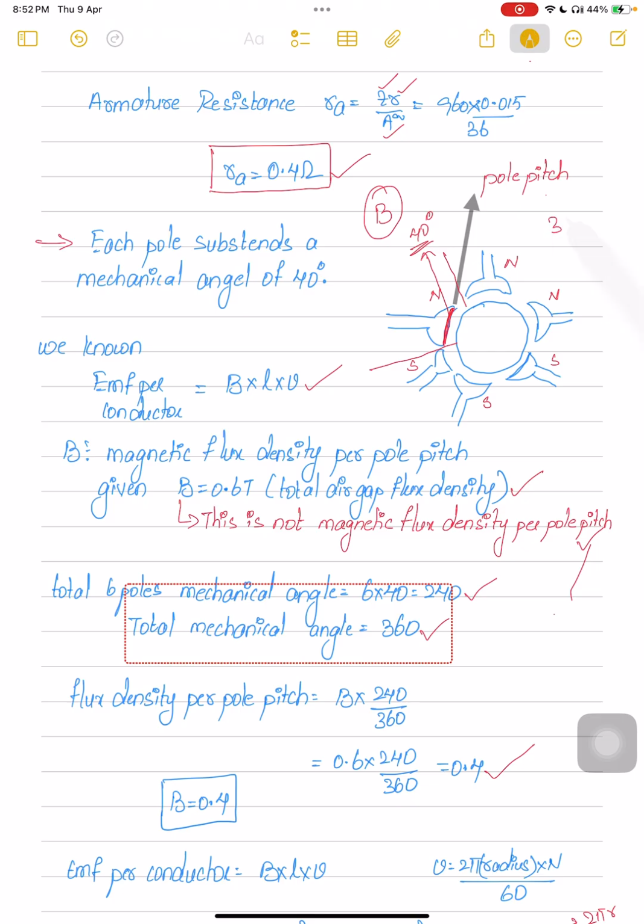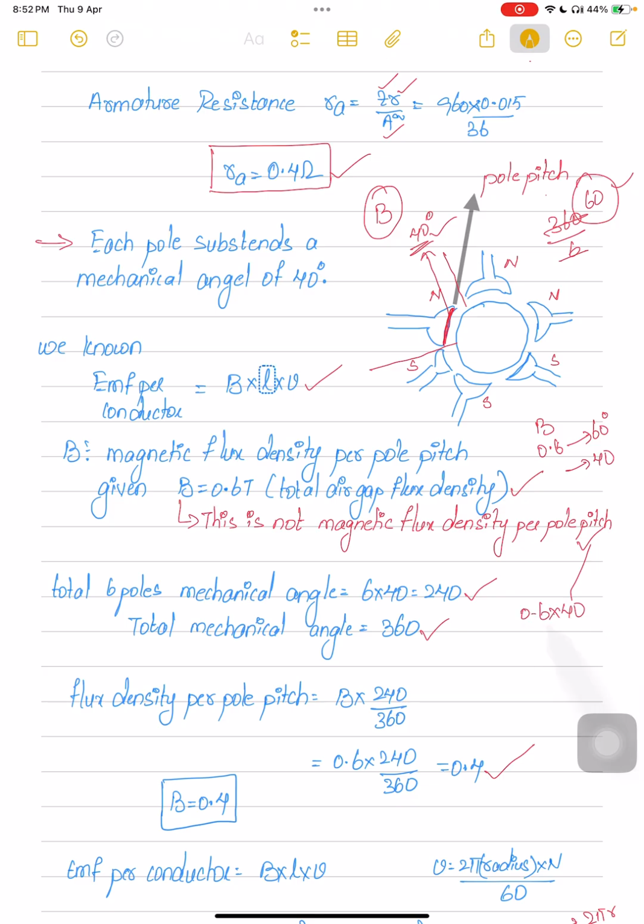This total angle will be 360 by 6, because we are equally dividing per pole, which is 60 degrees. Now the B of 0.6 Tesla is for 60 degrees mechanical angle. For 40 degrees, it will be 0.6 into 40 by 60. If you do basic maths, it will be 0.4.